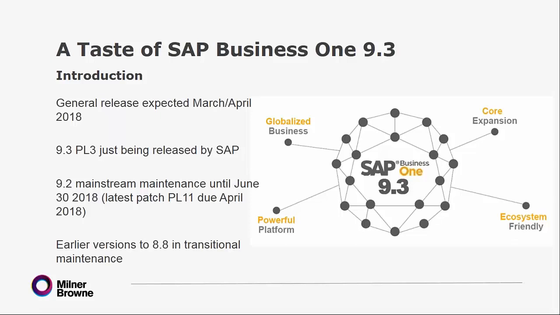So you can see here that SAP's focus around 9.3 is expanding the core, globalizing the business, making a more powerful platform and making it ecosystem friendly.